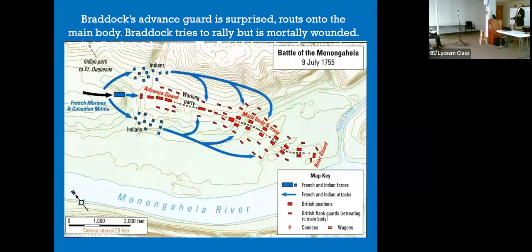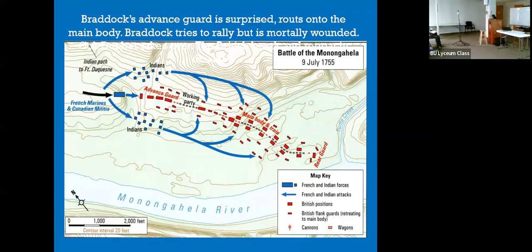And things are happening to people around you, getting killed or wounded, whatever, disappearing into the underbrush. Pretty soon, without officers, it's, I'm out of here time. So they lose discipline and they fall back on the main body.